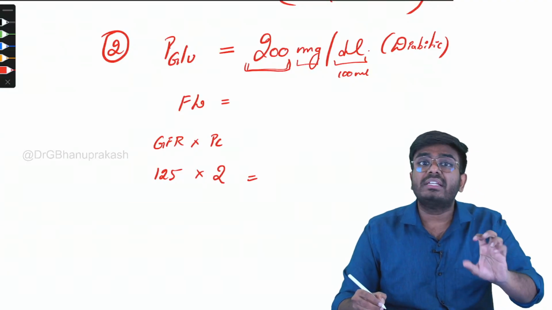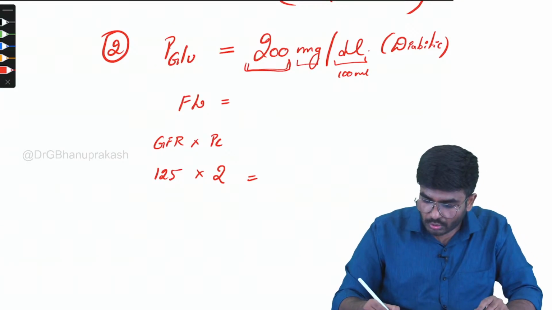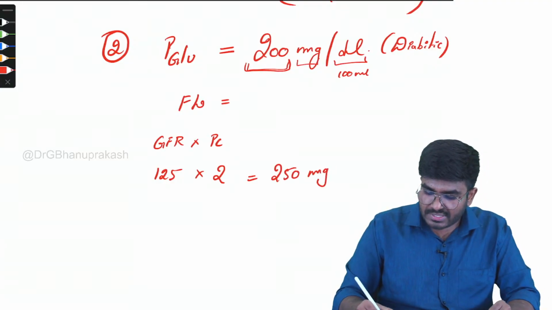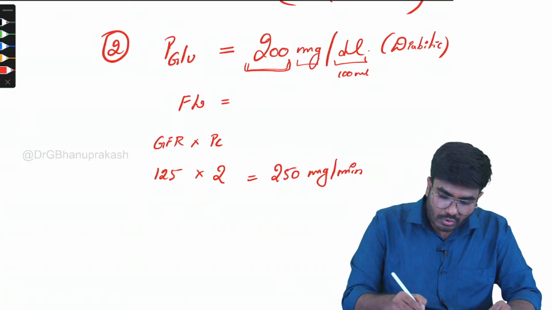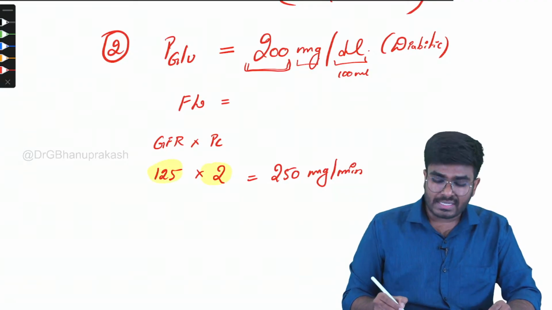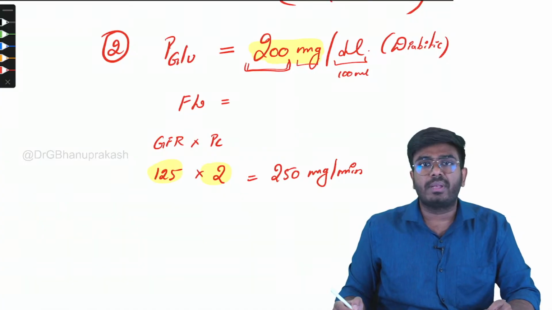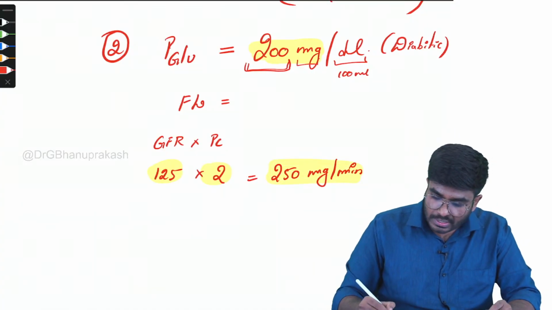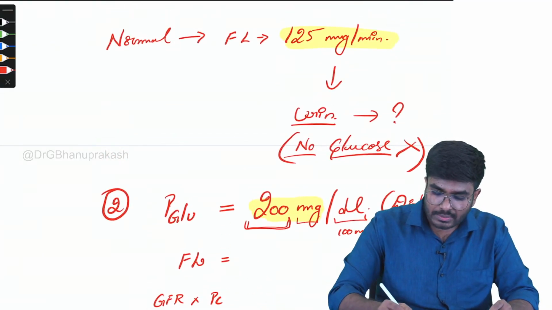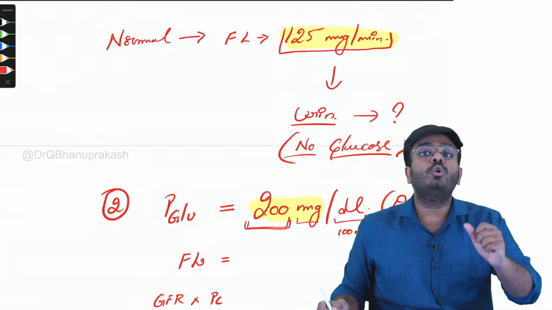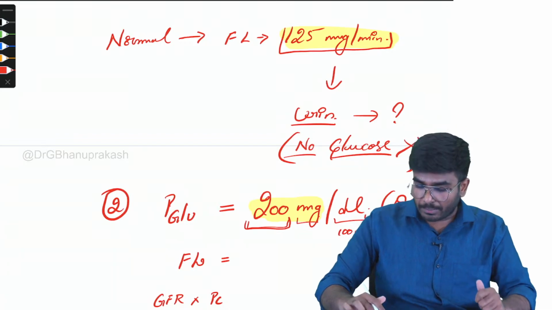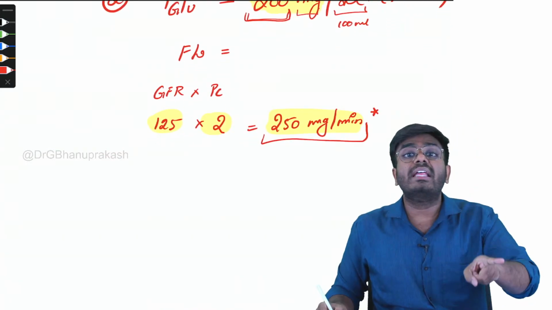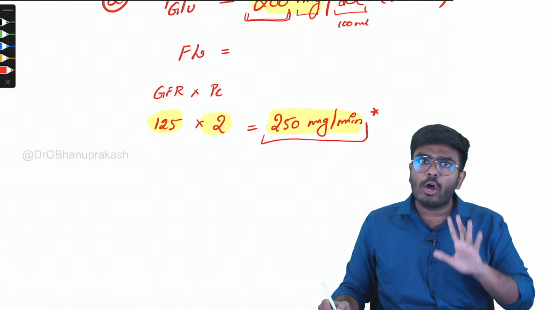So in a diabetic person, the filtered load is 250 milligrams per minute. If a person has high levels of glucose in his blood, automatically his filtered load is also increased. A normal person's filtered load is 125 milligrams, but a diabetic person's filtered load of glucose is 250 milligrams.